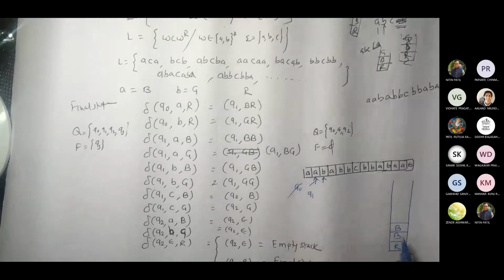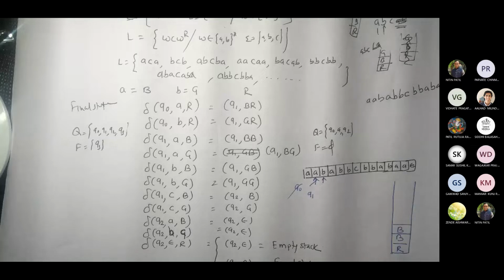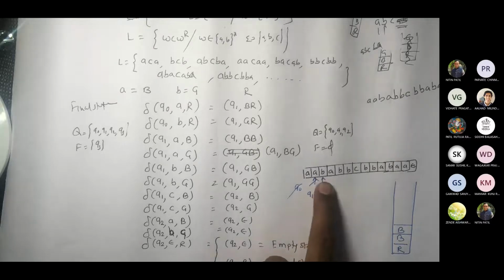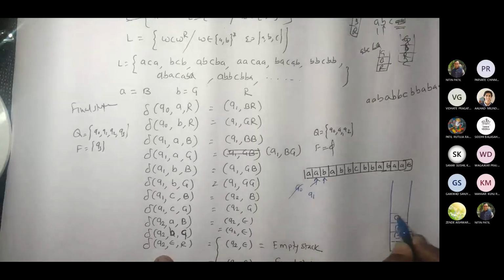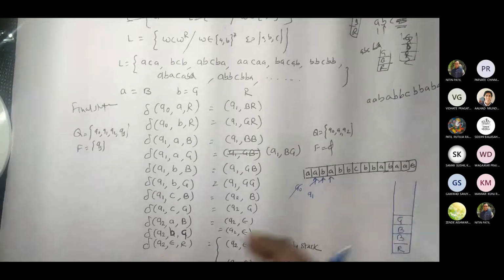Now Q1 B. Again Q1 BB would happen. No, Q1 B. So we'll push G. Very good. Correct. So this is done. We are still in Q1.